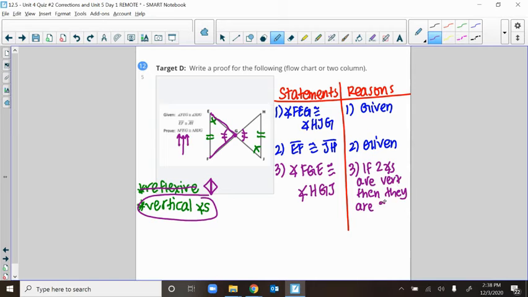Once you have that written down, I'm going to start labeling what you actually have going on in your picture to see, is this enough to prove my triangles are congruent? I'm going to list out the five ways to prove triangles are congruent. Again, this is on your proof reason sheet, so don't make them up. These are the five different ways, and let's see which ones we have going on here.